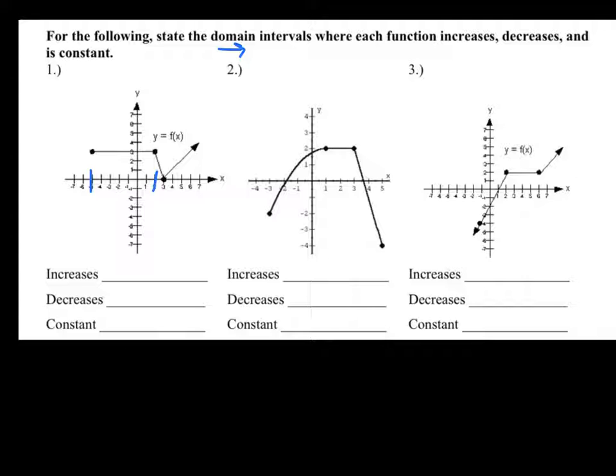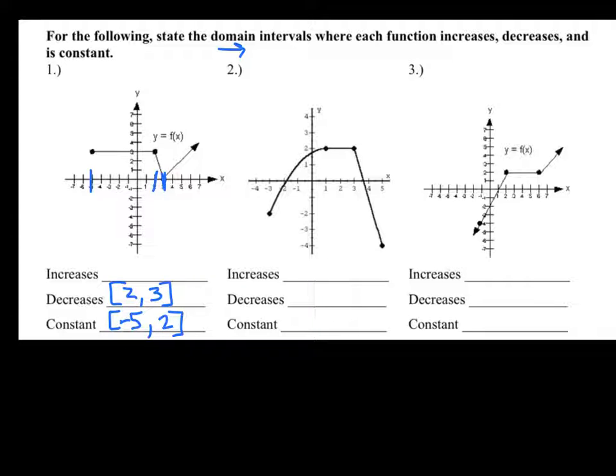So from -5 to +2, it's constant. The next section is from 2 to 3, and that is going to be decreasing.